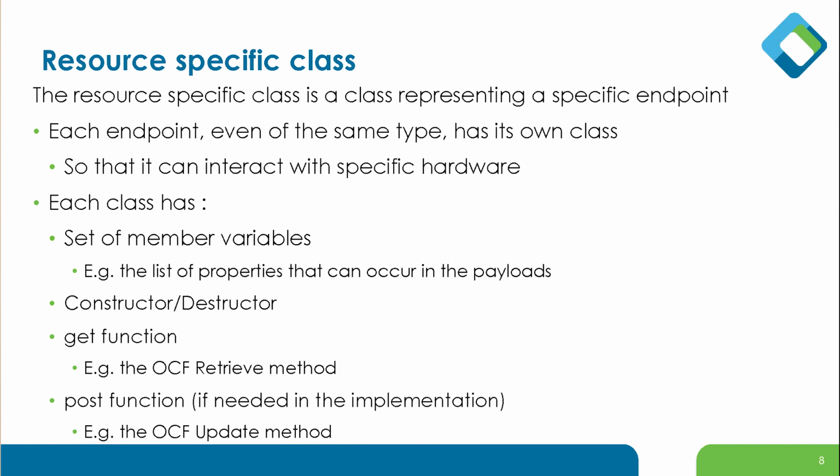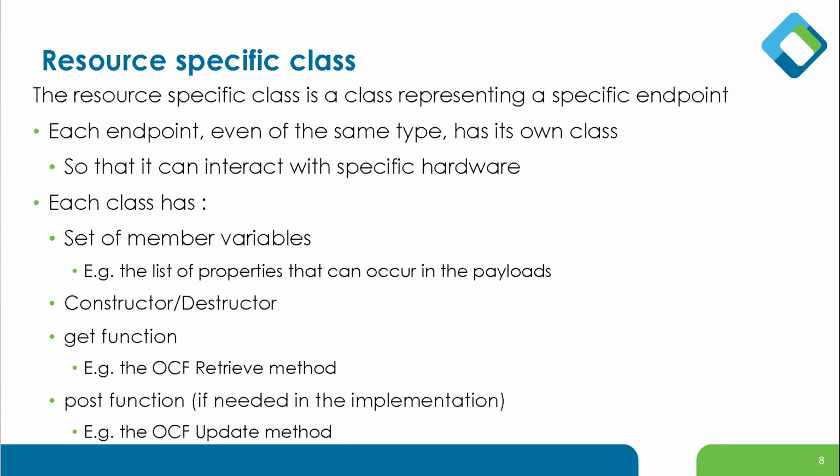Okay, the resource-specific class, that's the one that you want to look at because that's the interaction for each resource. So each endpoint has its own class, so you can interact with the hardware. So it doesn't do anything with the hardware. That is the connection you have to make by yourself. It has a set of member variables.